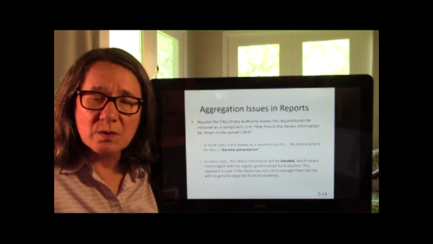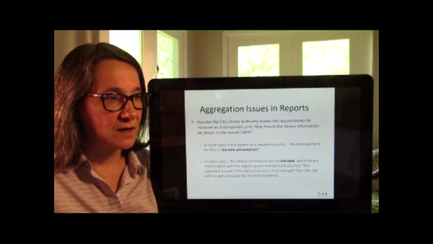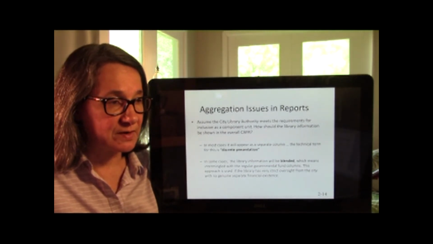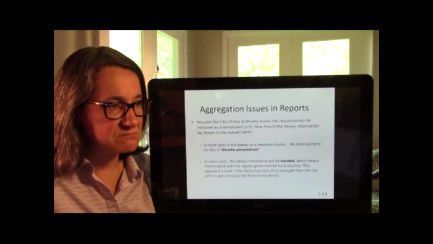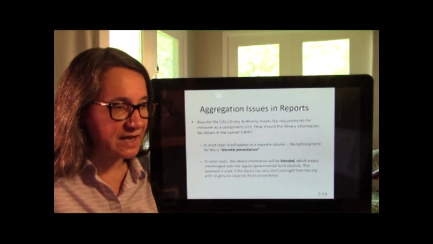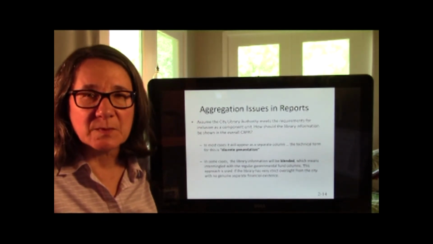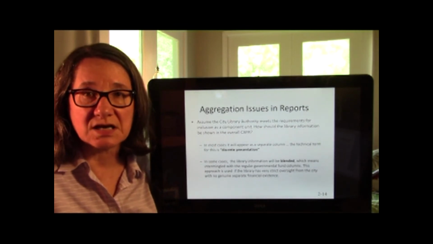Sometimes a component is not a very big part of the government that's reporting. It is a separate component, but then it'll just get blended in with all the governmental funds. The example on this slide is a library. Yes, the library is a separate component. It may even have a library board that chooses what books and who gets hired.